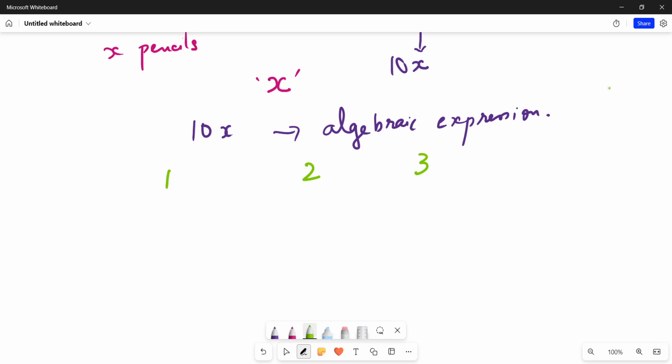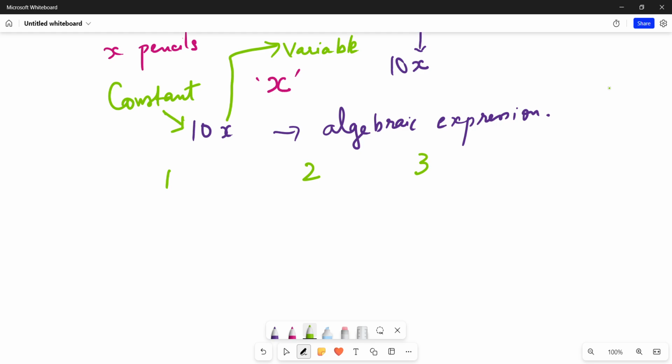So now the cost of the pencil also varies. Here we had considered the cost of the pencil as a constant, and we considered only the number of pencils to be a variable. We vary the number of pencils according to the number we want to buy. But here the cost itself seems to be varying.